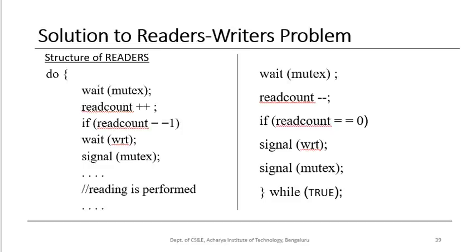Okay, because if some writer is already there in the critical section, this wait will make the reader process wait on the semaphore WRT. I hope this solution to the readers writer problem is clear.